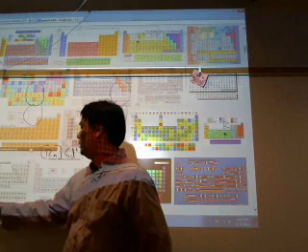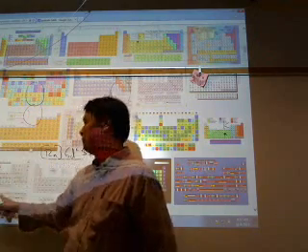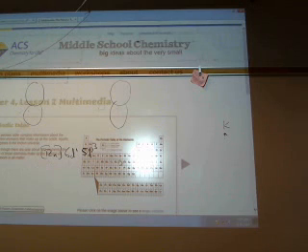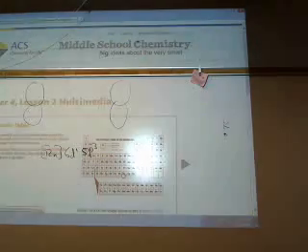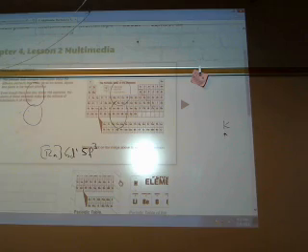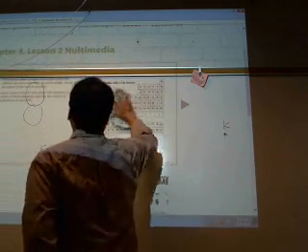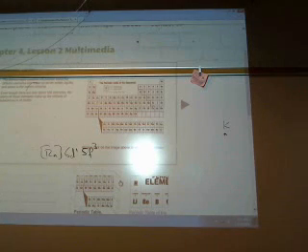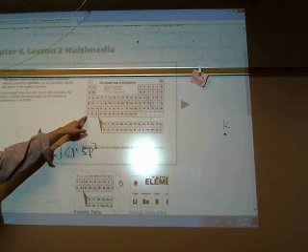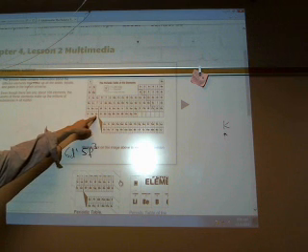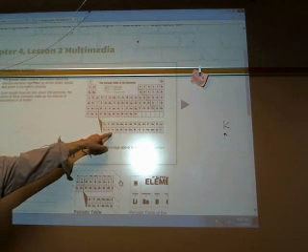Like, for example, look at this. Do you see this periodic table? This is like that periodic table, right? This is the American Chemical Society Middle School Chemistry periodic table. So the middle school chemistry table looks like ours, which is 7s2, 6d1, 5f 1, 2, 3.